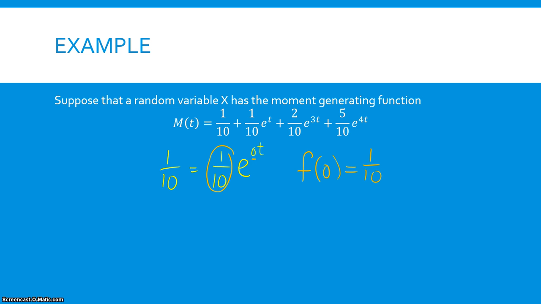Then we move to the second term. We have 1/10 times e to the t power. This is equal to 1/10 times e to the 1 times t power, which means that 1 is one of the possible values that our random variable can take on, and it's going to take that value with probability 1/10. So our f of 1 is 1/10.